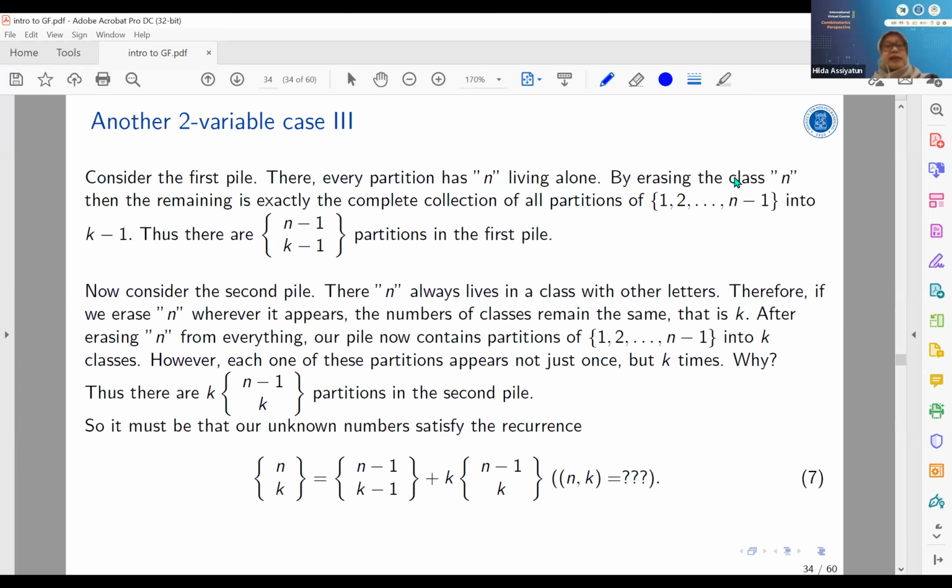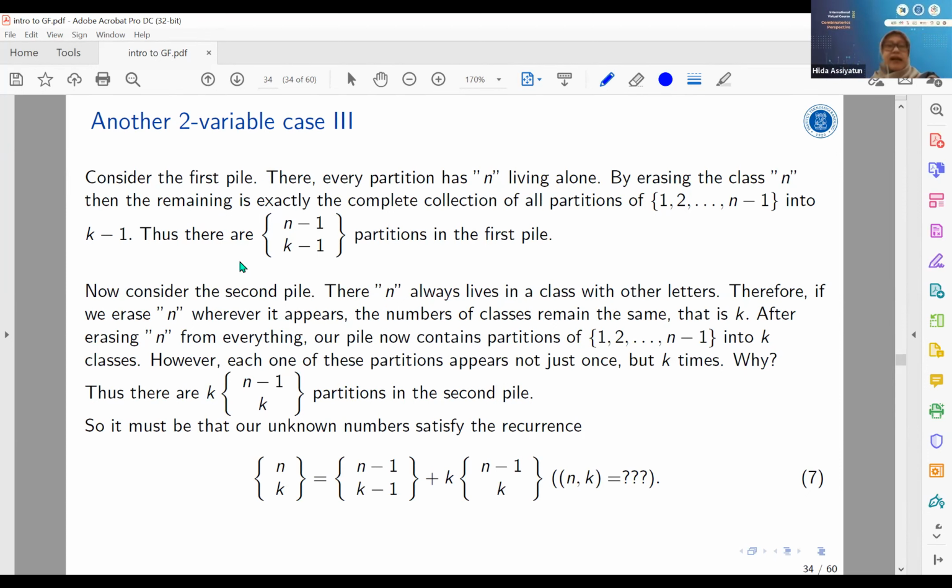If we erase n, meaning we erase one class of singleton, we will end up with a collection of all partitions of n-1 objects into k-1 classes, because we just erase one class consisting of singleton n.